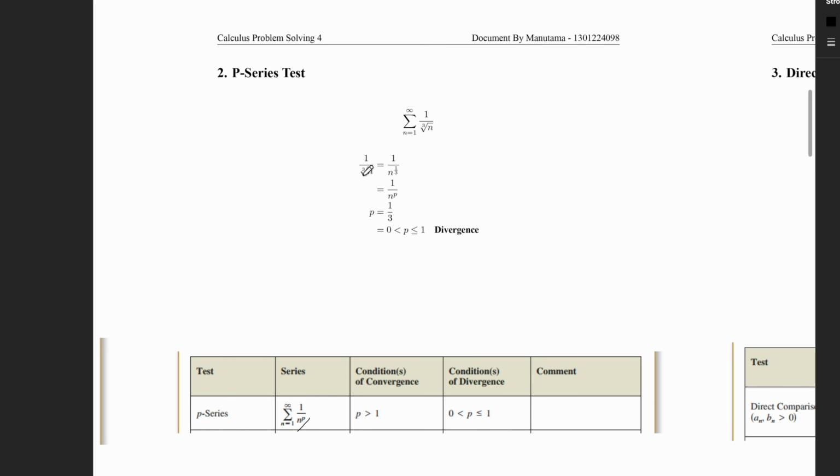We change the cube root of n to n to the power of 1/3, basically the same, but now we get the form n to the power of p, and p is 1/3. Since p is less than 1, it is divergent.